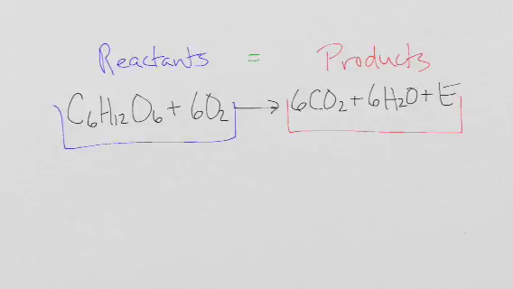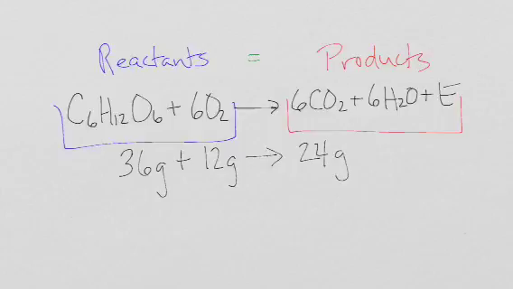One way of doing this is giving these substances amounts. If I said that I started off with 36 grams of glucose, C6H12O6, and I added, I don't know, let's give it 12 grams of oxygen, that would give rise to 24 grams of CO2, and how many grams of water?